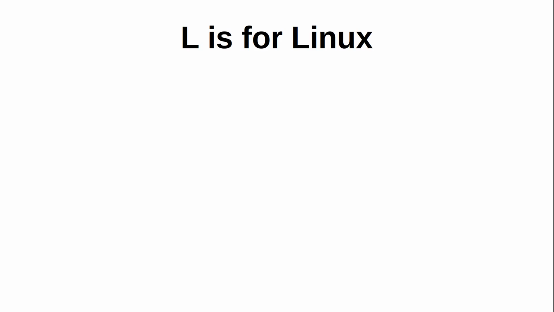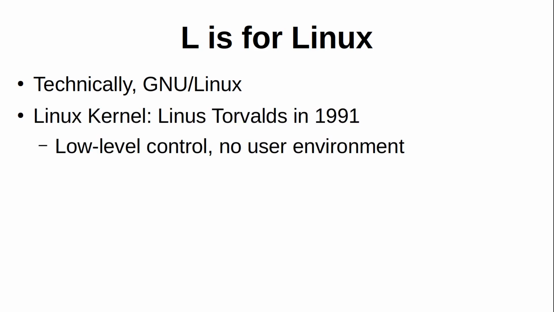First of all, the L in LAMP is for Linux. Now, chances are you're on my channel, you know what Linux is, or maybe you think you know what Linux is. The reality is it's technically GNU Linux, and that's because Linux itself is just the kernel. It's a low-level part of the operating system.